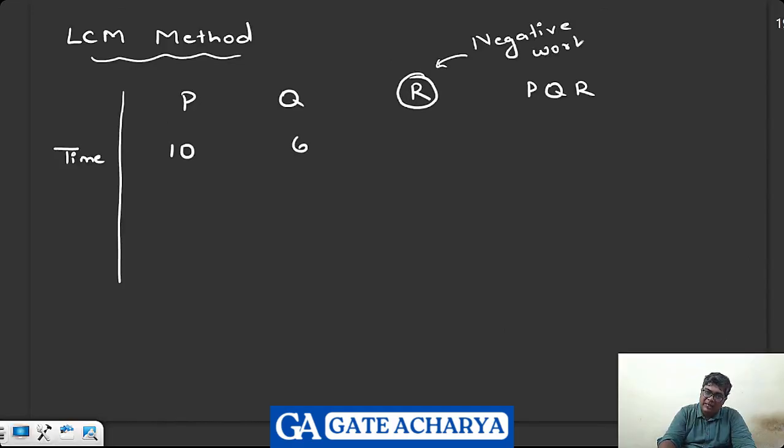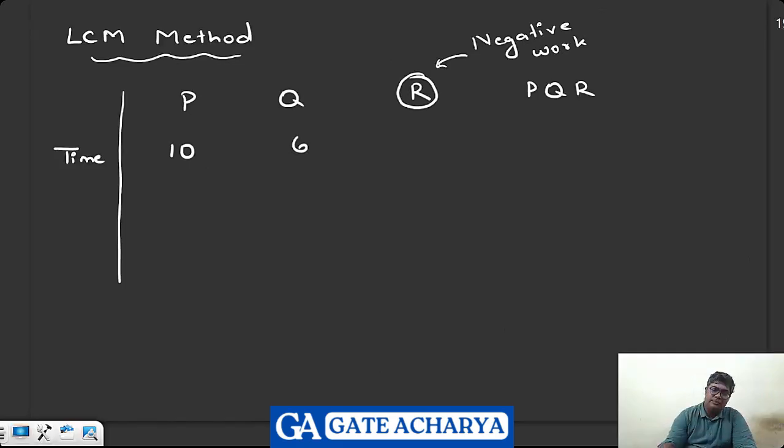Wherever there is a pipe which is emptying the tank, I'm going to treat that work as negative. Why am I treating this as negative? If I'm considering filling the tank as positive work, then the opposite process, emptying the tank, I have to take as negative work. Otherwise, there is no differentiation between the two works.